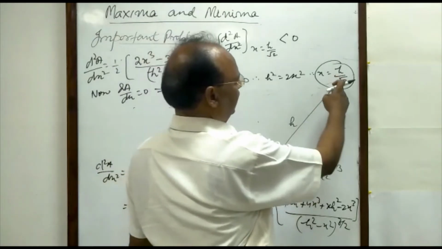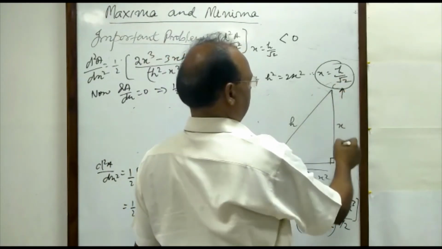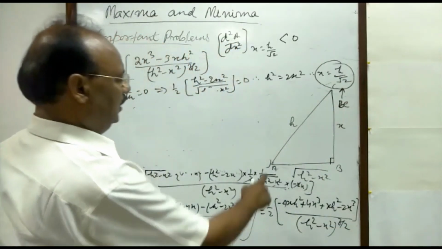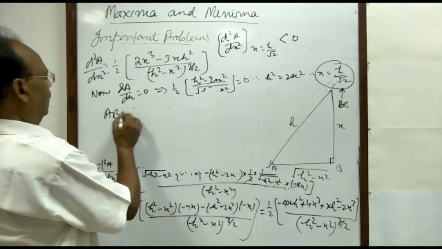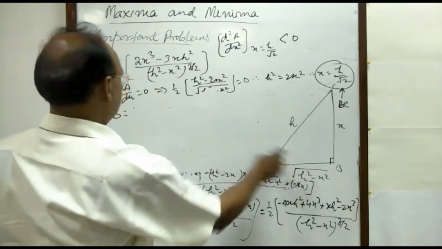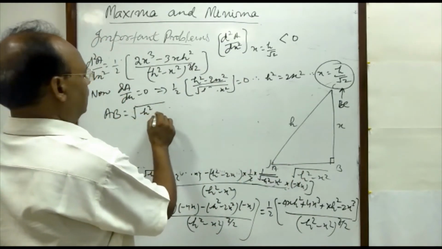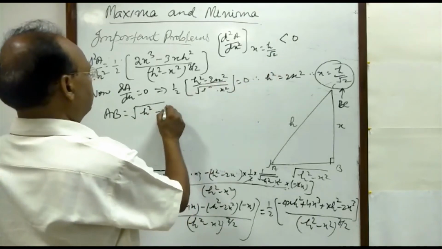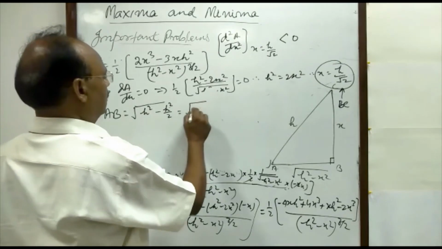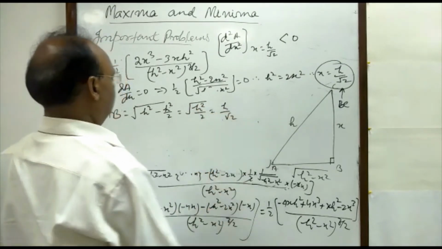Now let us find out the length of the base. Here this is the value of x, so we can suppose that this is the length of BC. Now the length of AB we can evaluate here. AB is root over h square minus x square. x square means h square by 2. This is equal to root over h square by 2, and this is h by root 2.